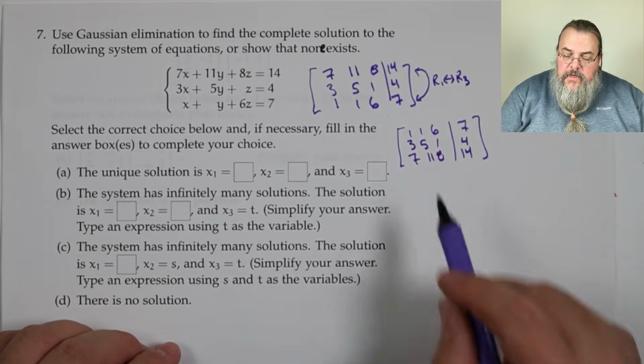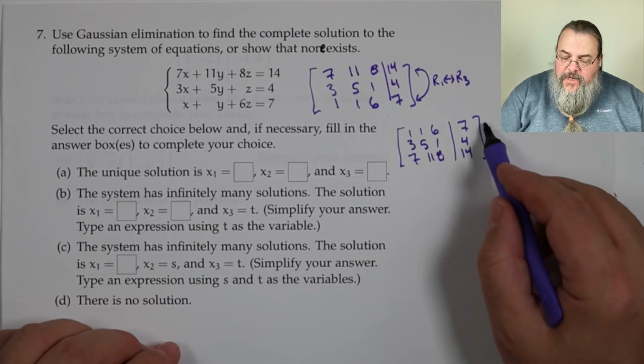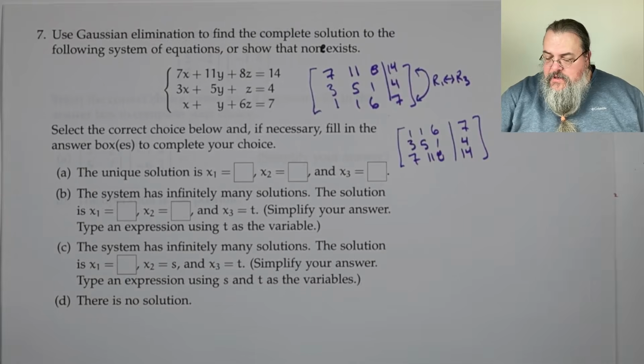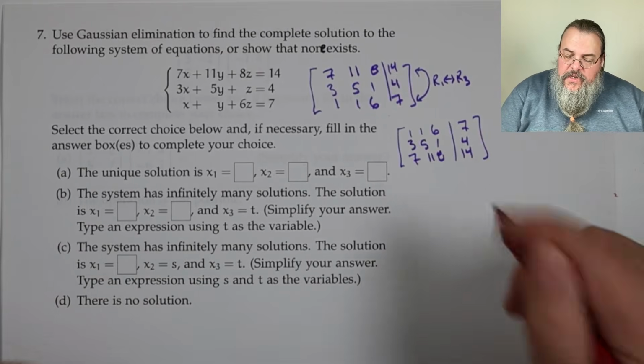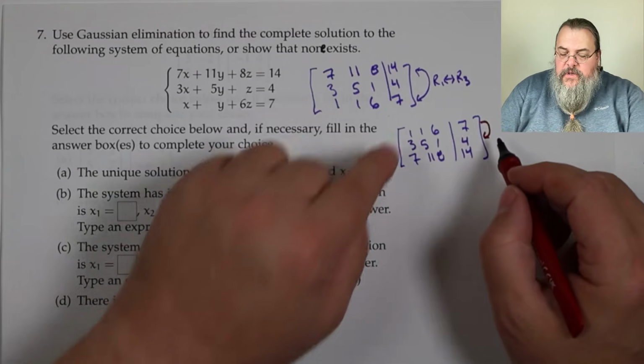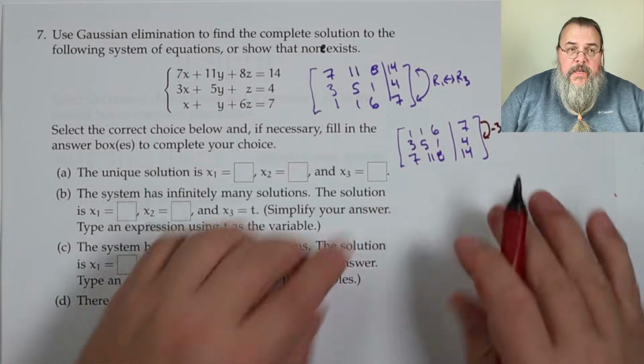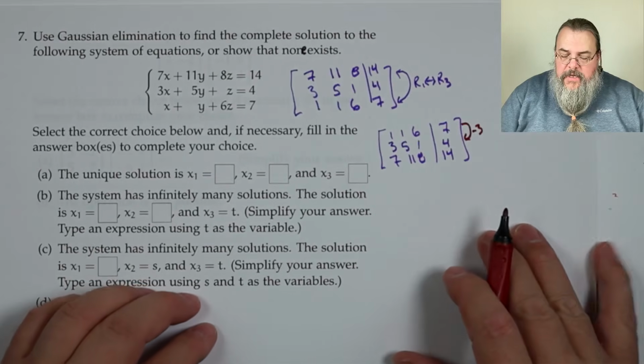Okay, now let's knock out some terms in the first column. So I'll switch colors here as we switch operations. We're going to take the first row and say, if I multiply it by -3 and add down, then hey, that'll knock out what I needed.